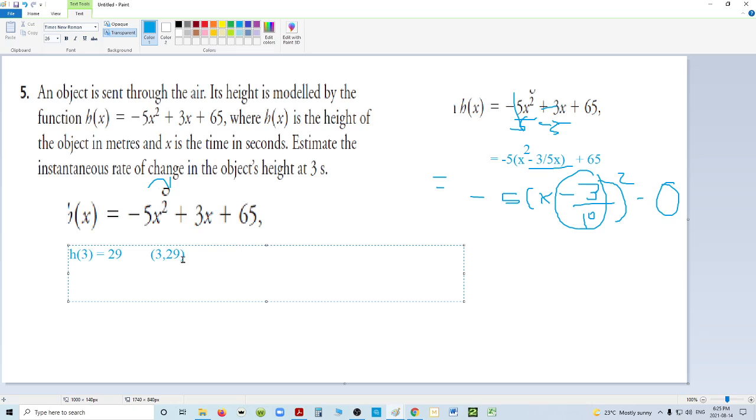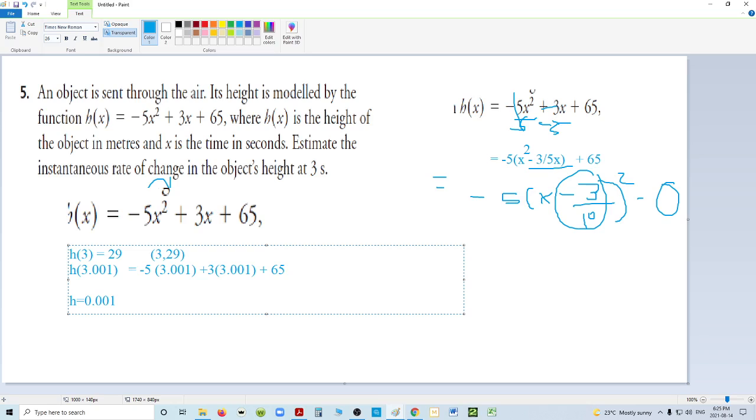Let's now look at an instantaneous rate of change, which means I need h of 3.001. And it also means my h, and don't confuse that with what we're working with, is 0.001. So for this, I would need to do minus 5 times 3.001 squared plus 3 times 3.001 plus 65.